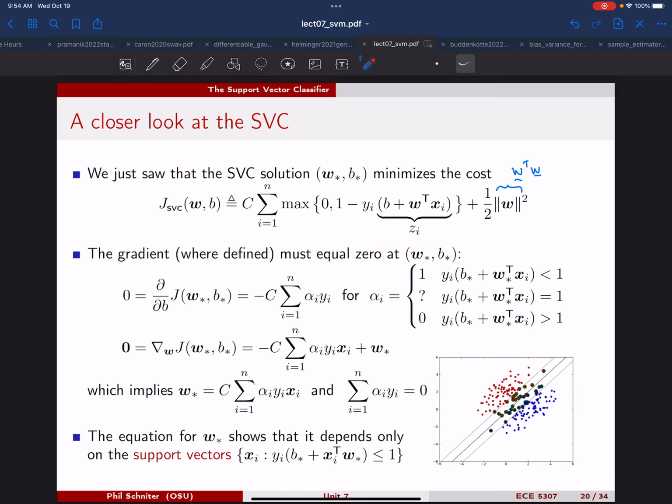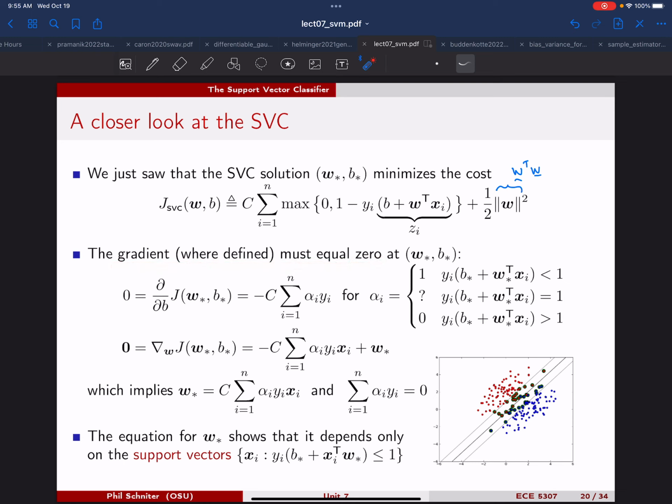And typically when we have a cost function like this, like we did for multinomial logistic regression or linear regression, we set the gradient to 0 to see what we can learn about the parameters. So we're going to try that here.